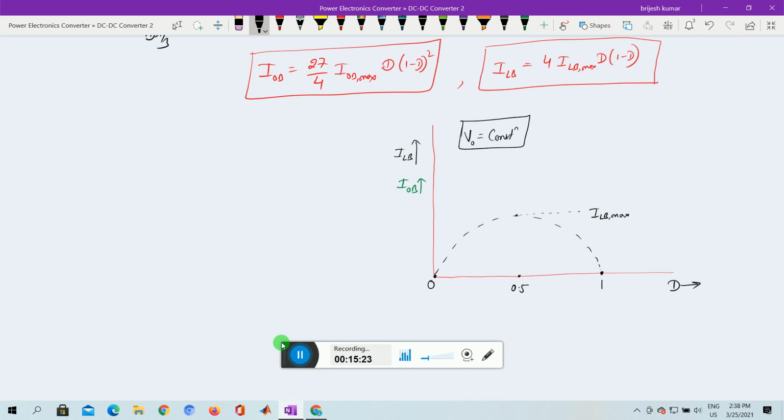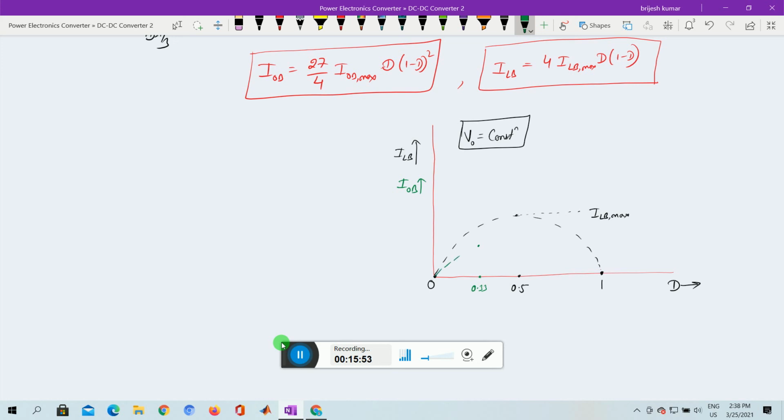Now, what about I0B? V0 is constant, and for I0B you will have a different curve. When D is equal to 0, it is 0. When D is equal to 1, again I0B is 0. At D equal to 1 by 3, that is 0.33, you will have the maximum value, I0B max.